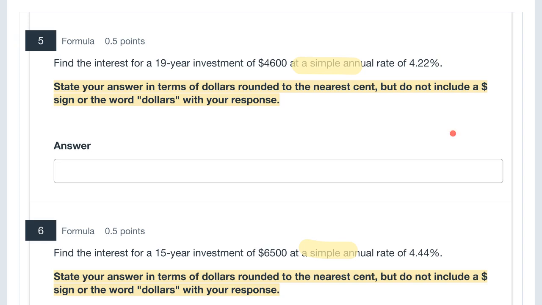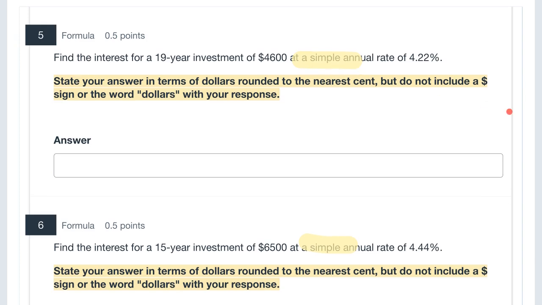Number 5. The most important word here is simple, right? Since it says simple, that means we're going to be using the I = PRT. And this problem requests, what is the interest?